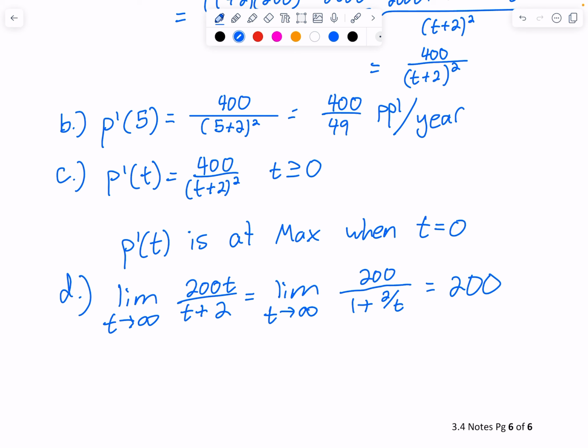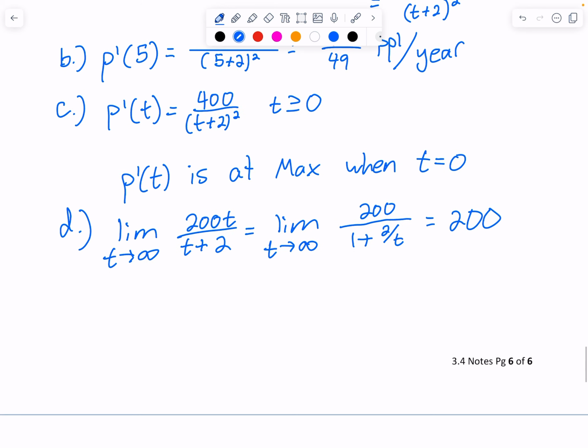What this means, if this is a population function, is that the population will max out at 200. I know in high school we learn functions of populations that go up forever and ever, but the deal with populations is we're limited by a bunch of variables.